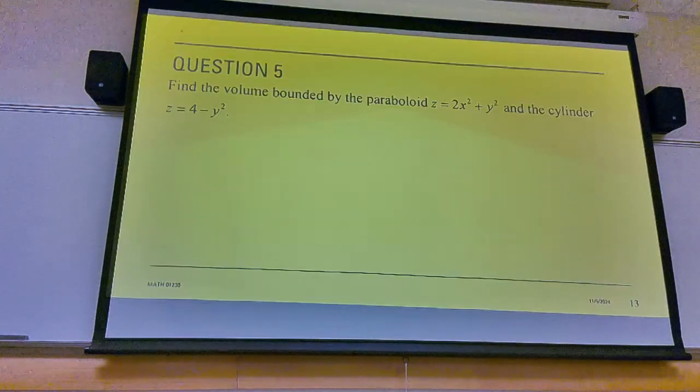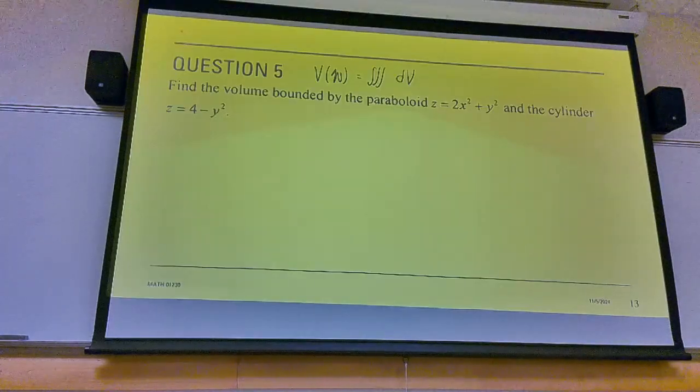What was volume again? Set up as a triple integral. The triple integral of 1. Triple integral over what? The area of the shadow.